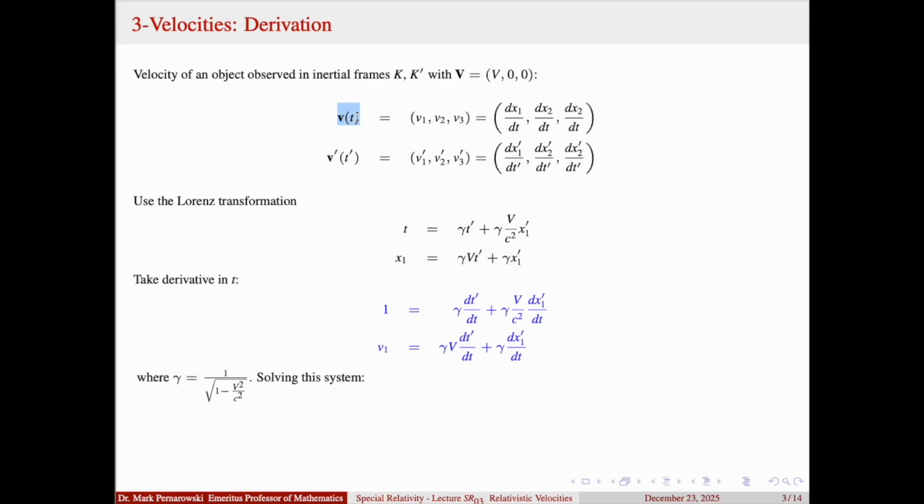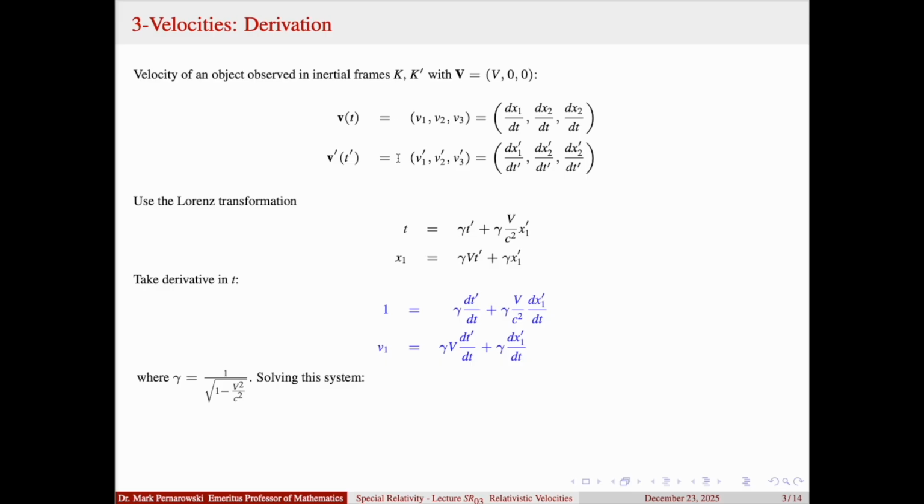It might be changing. It might be switching directions. It might be increasing in magnitude. But it's the time derivative of the position, the Cartesian coordinates. There's supposed to be a 3 here. So this is the standard definition of velocity in 3 space in frame K.